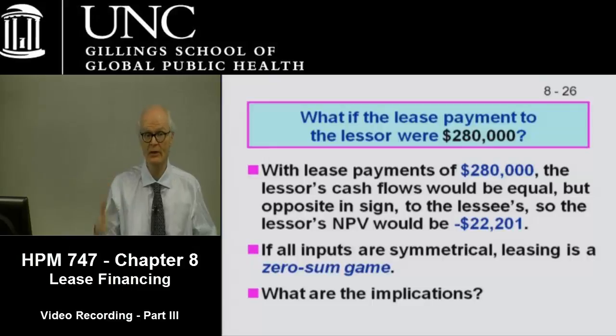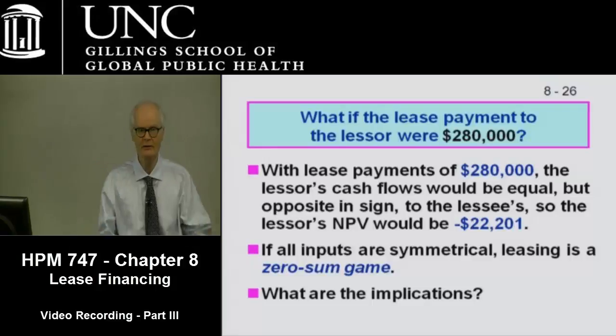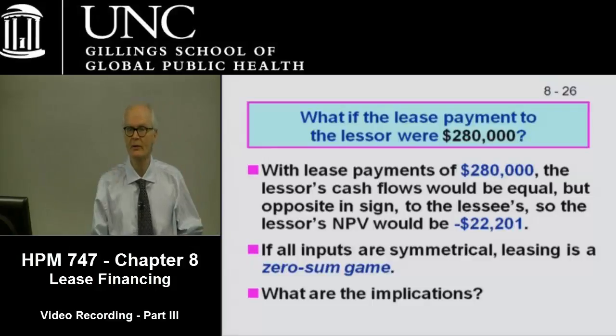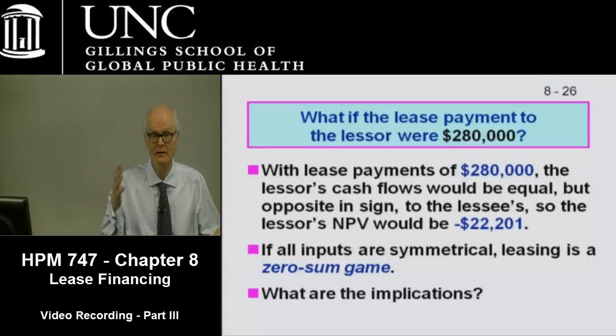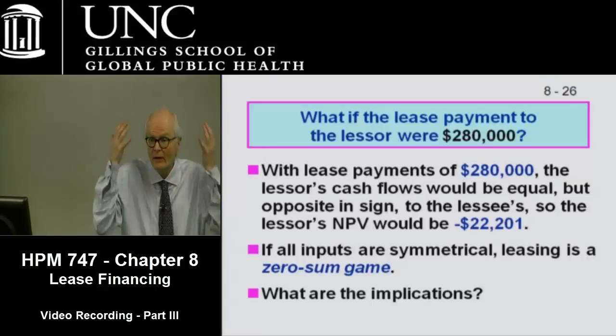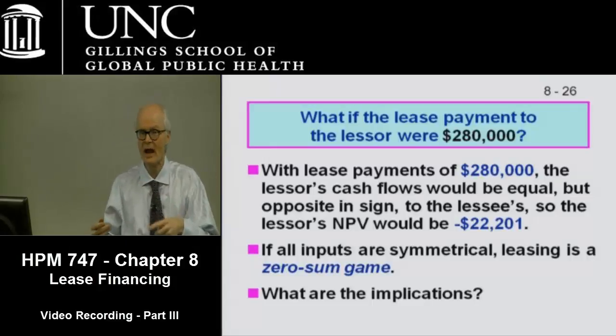Every cash inflow is a cash outflow. If all the inputs are the same on both sides, the same tax rates, the same cost of capital, the same residual value risks, the same residual estimates and discount rate, then it's got to be a zero-sum game, because they have exactly the same cash inflows and outflows.